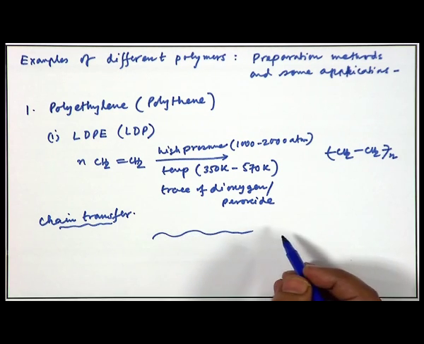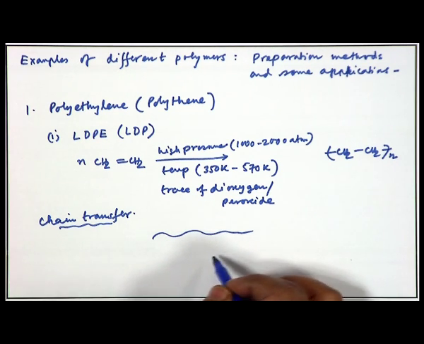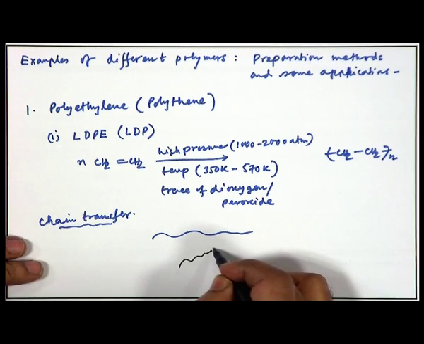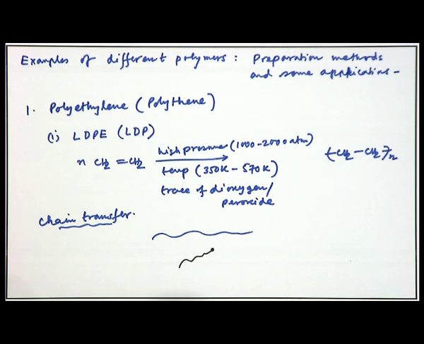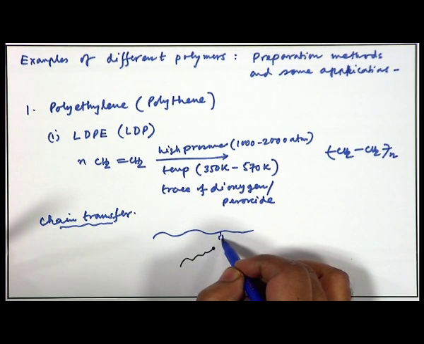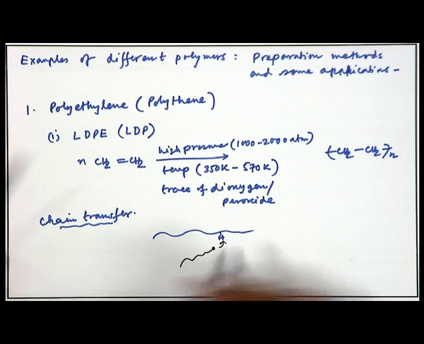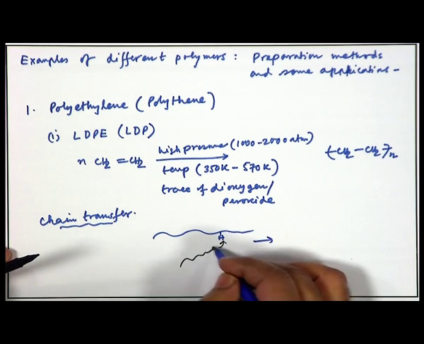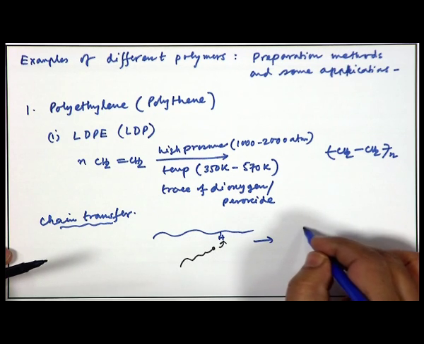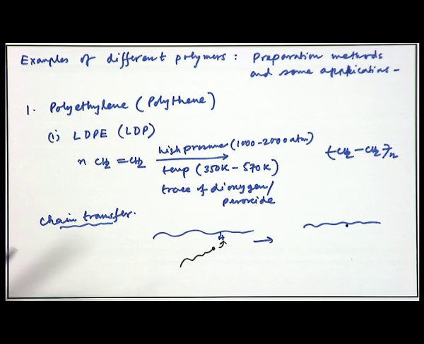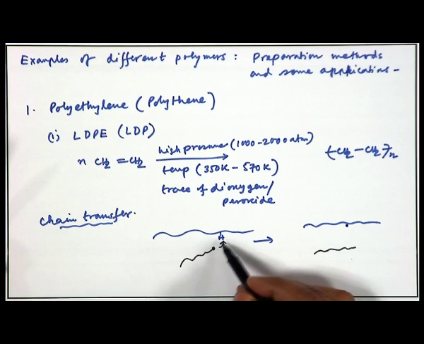It is already there in the system, and you are forming another chain with a radical at the end. Now, this has hydrogen, is it not? So, it can abstract one hydrogen, and as a result this chain will get killed and you will generate one radical here plus one dead chain.